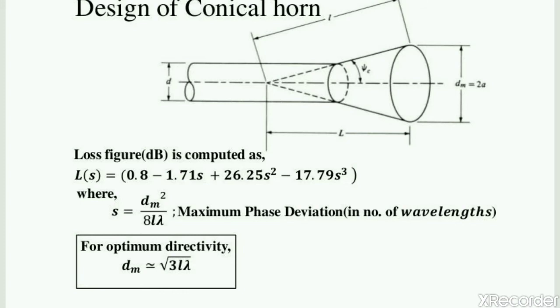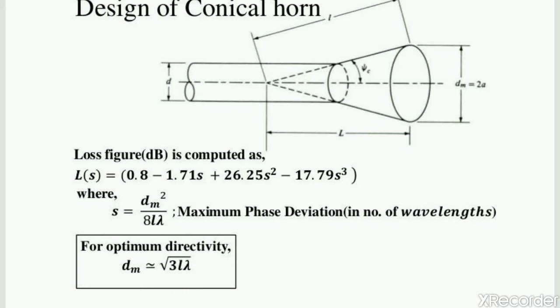So from this figure we can derive the loss figure in decibels. The formula for the loss figure is given below this diagram, that is L(s) is equal to 0.8 minus 1.71s plus 26.25s squared minus 17.79s cubed, where small s is equal to dm squared divided by 8 l lambda, where dm is the diameter of aperture.